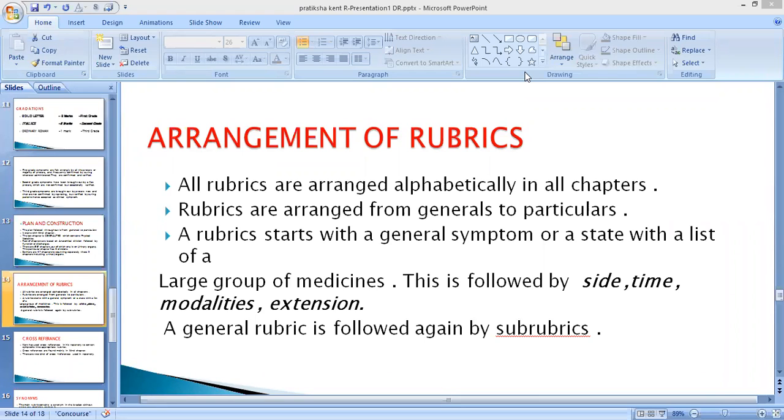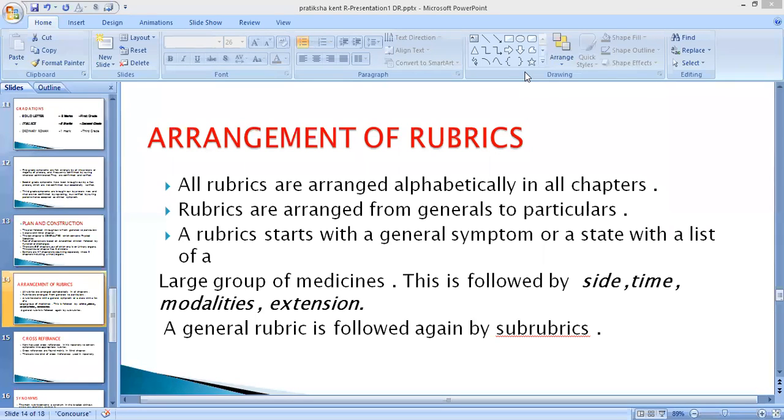Then there is some specific arrangement of rubrics in this repertory. All rubrics are arranged alphabetically. The rubrics are arranged on each page in two columns, and in front of rubrics, a group of indicated remedies is given.